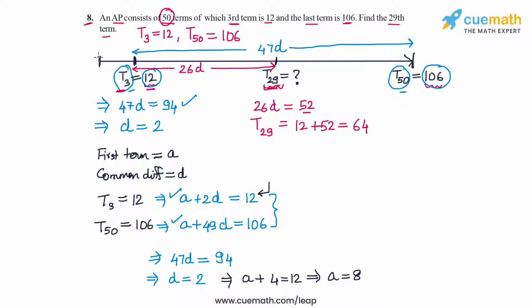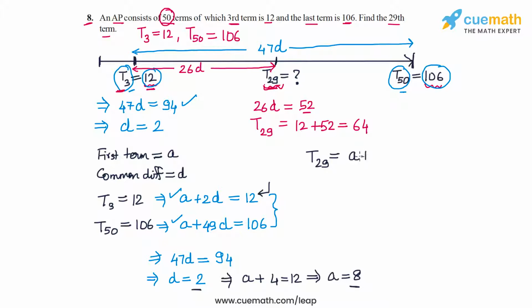Note that we did not need the first term in the first approach that we followed because we were only calculating the difference between terms. But in this second algebraic approach, we calculated D, and using that we also calculated A. And now to calculate T29, we can simply use the relation for the nth term.